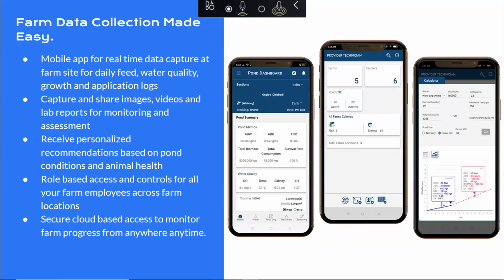He can estimate when he is going to reach an ABW of 4.5, how much feed he is going to need that day, how much biomass he is going to produce, what his feed conversion ratio will be at that point, and what his expected survival rate is.